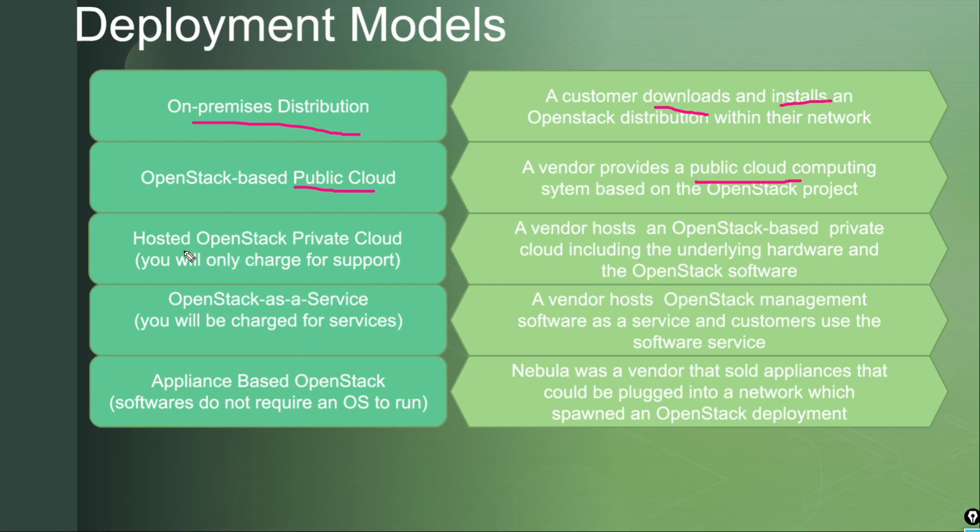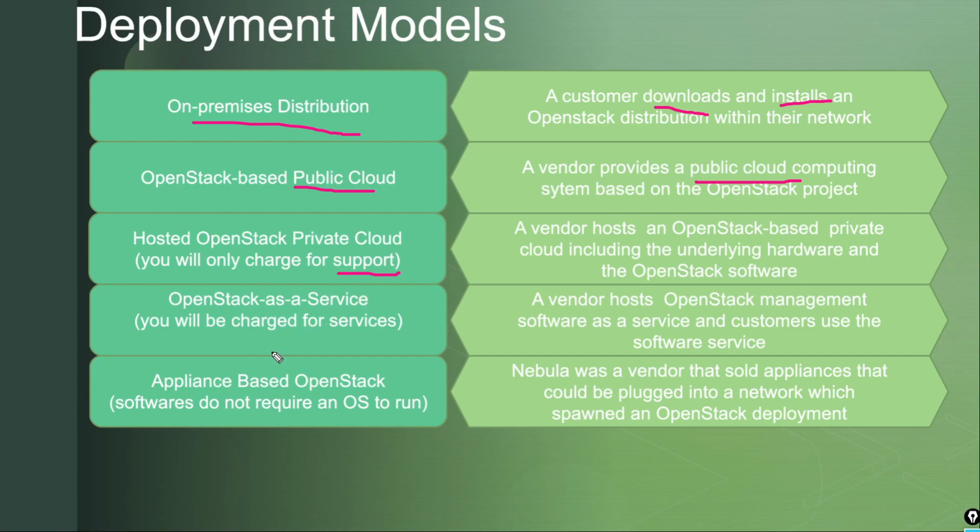The third one is the hosted OpenStack private cloud. What does that mean? The vendor gives you a private cloud, so that issues like data sovereignty or sensitive data do not matter, and you just pay for the support. The vendor hosts an OpenStack-based private cloud, so you just use another vendor's OpenStack in a private way.